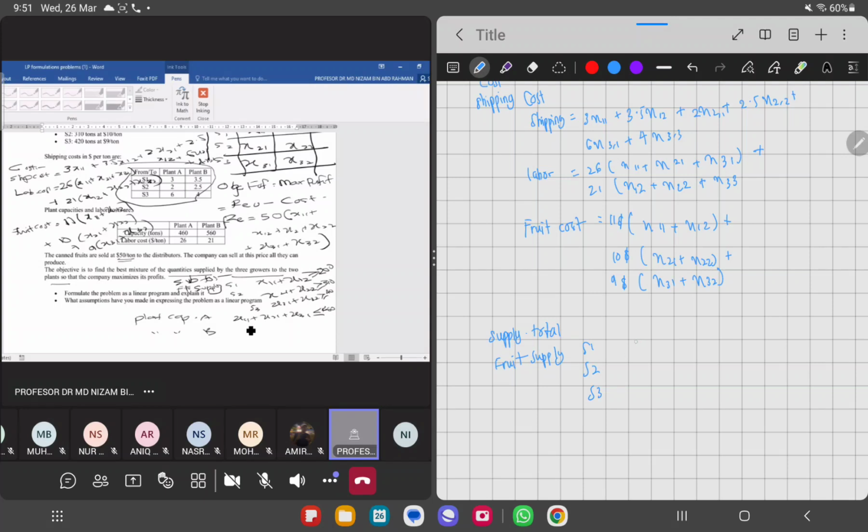And for plant B, X12 plus X22 plus X32 must be less than or equal to 560, right? Any other constraint?